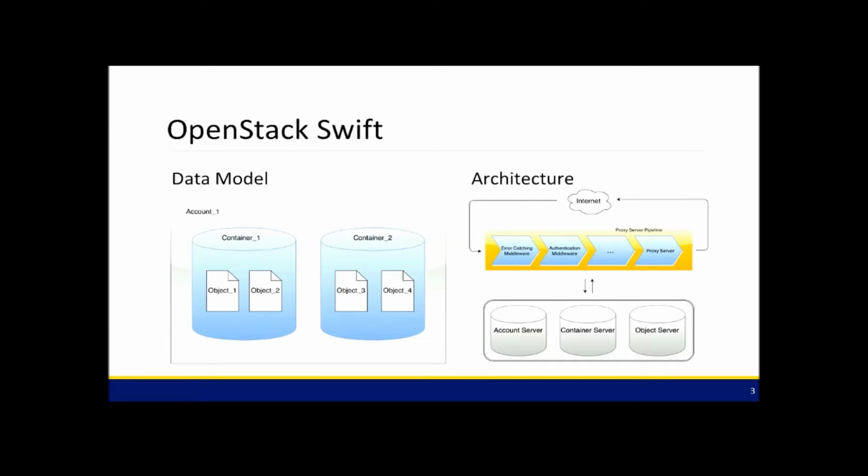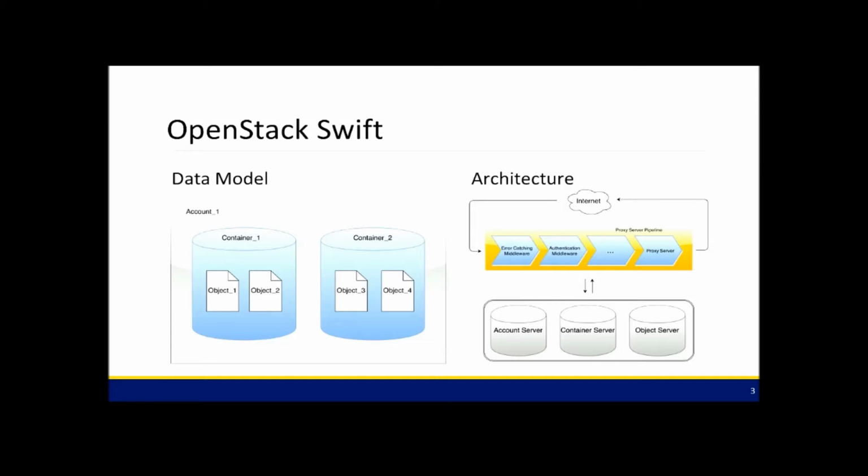Now, on the left, we have a Swift data model, and it shows the data hierarchy. As you can see, the accounts hold containers, and containers hold the objects. On the right, we have the Swift architecture. As you can see, when a request comes in, it goes through what we call the proxy server pipeline.